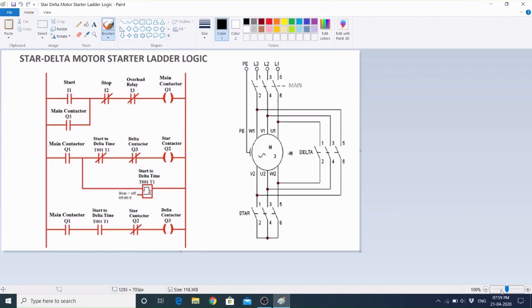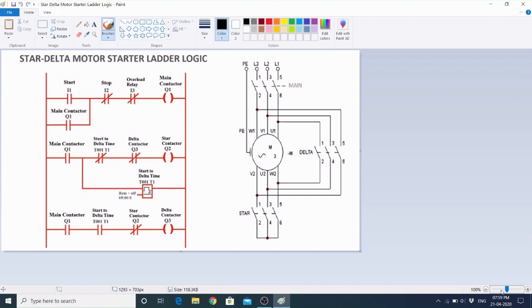Here you can see the ladder logic diagram of the star-delta starter on the left-hand side, and on the right-hand side the star-delta starter power circuit diagram has been drawn.